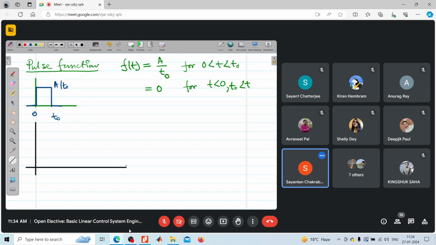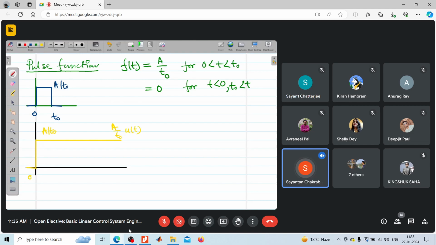Let us consider first a step function, and obviously the magnitude is the same, a by t0. So this signal, the yellow signal, is a by t0 u(t).